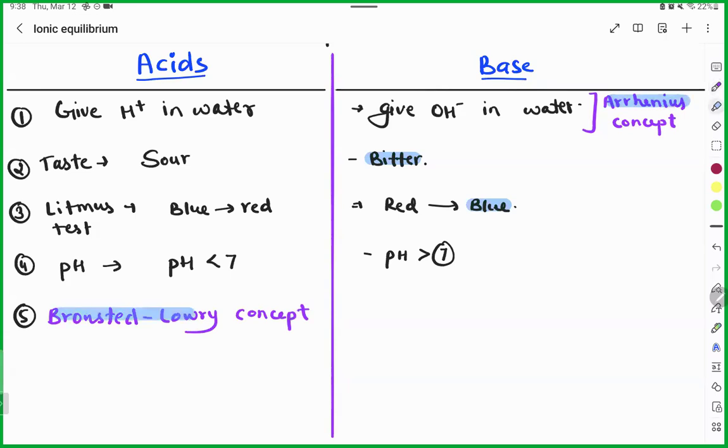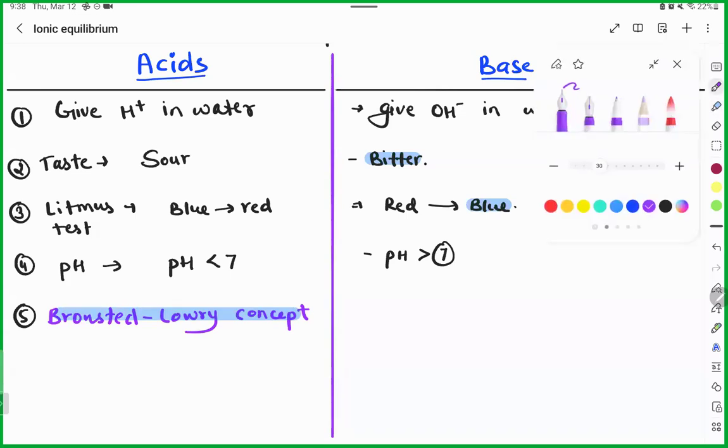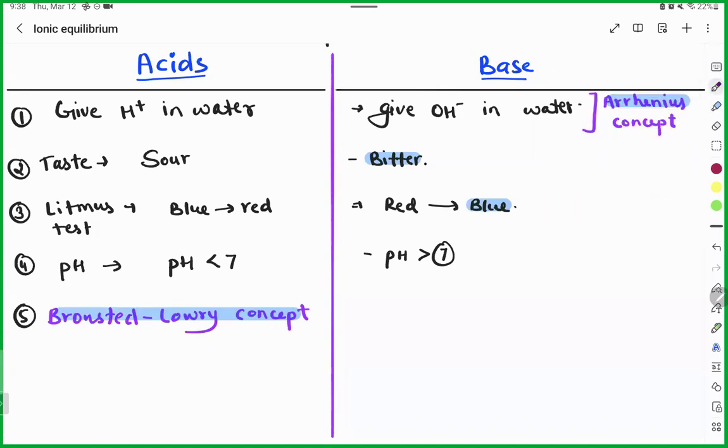The second concept is Bronsted-Lowry. Based on Bronsted-Lowry, if any chemical gives H positive ion in any medium, then it is a proton donor and an acid.